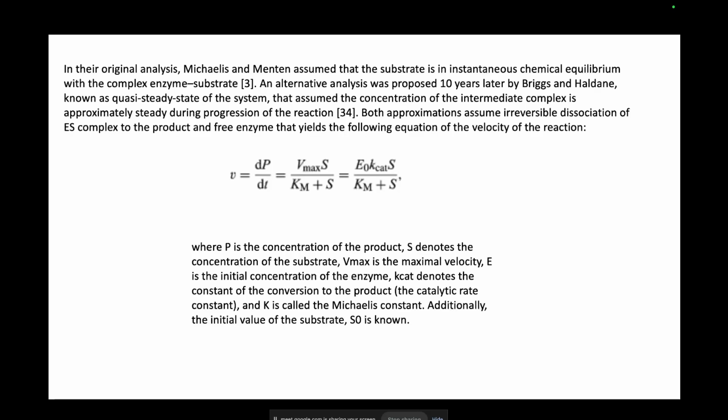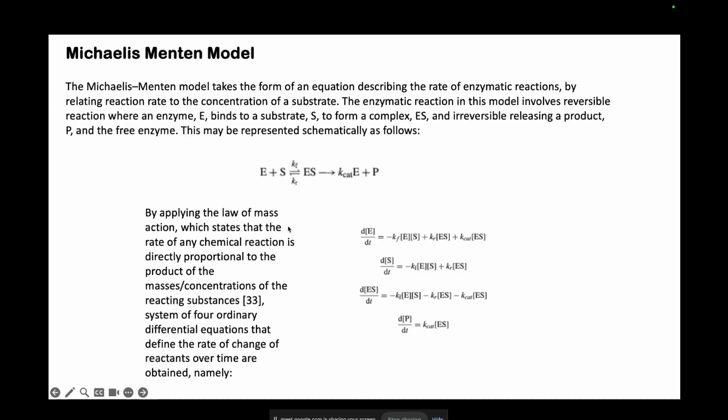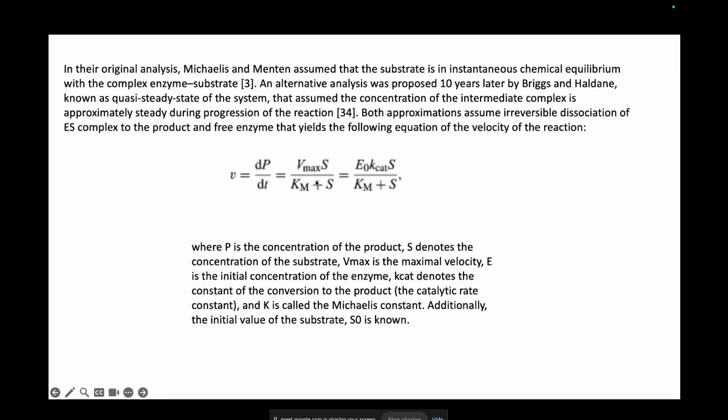That was the initial assumption of Michaelis-Menten, but then an alternative analysis was proposed 10 years later by these two people, which is known as the quasi-steady state of the system, where they assume that the concentration of the intermediate complex is approximately steady during the progression of the reaction. So what they said is this whole reaction is not in a steady state, only the concentration of ES is in a steady state, which actually makes a lot of sense.